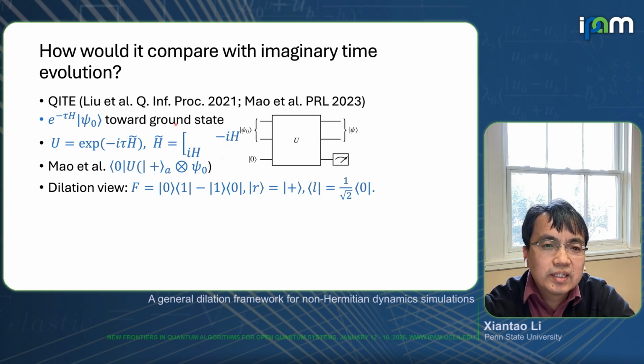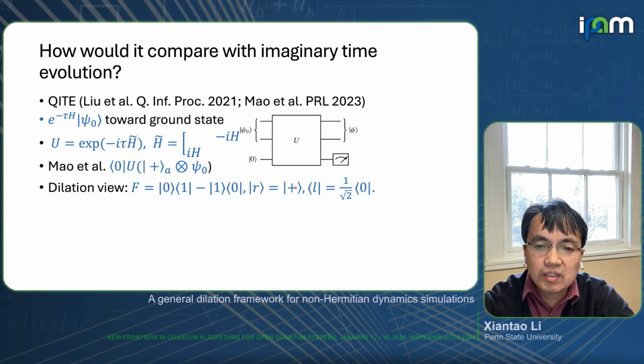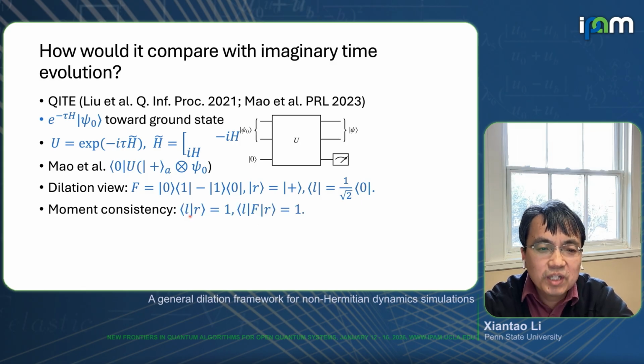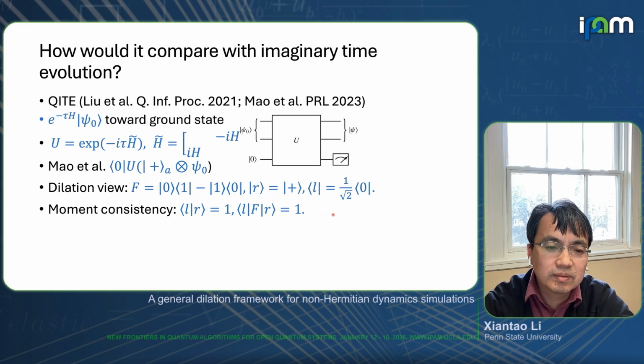And we can actually look at this method from a dilation viewpoint. Your operator F is essentially this skew symmetric matrix. Your vector R is plus, and your vector L, or evaluation operator, is 1 over square root of 2, 0. Okay? And so what happens is that you can show that this choice only satisfies these 2 moment conditions. The next moment condition is not satisfied.